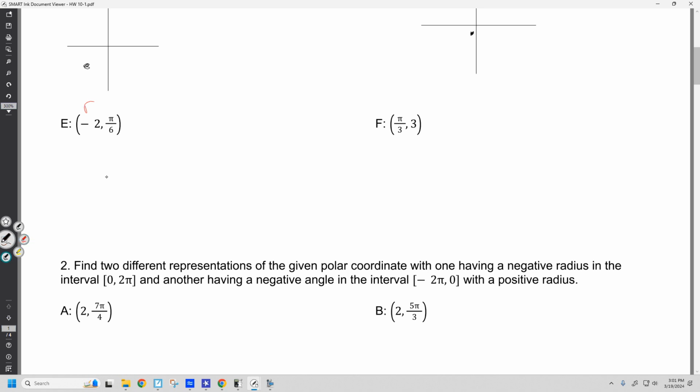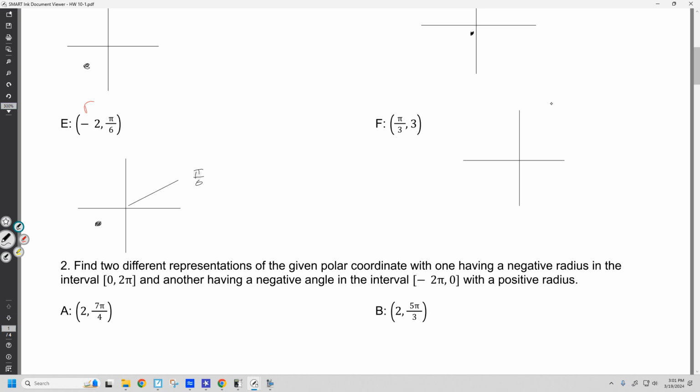So if you have the angle pi over 6, the 30-degree reference angle in the first quadrant, you're going to go in the opposite direction. So here's pi over 6. You will go in the opposite direction towards 7 pi over 6, 2 units away. Cool?